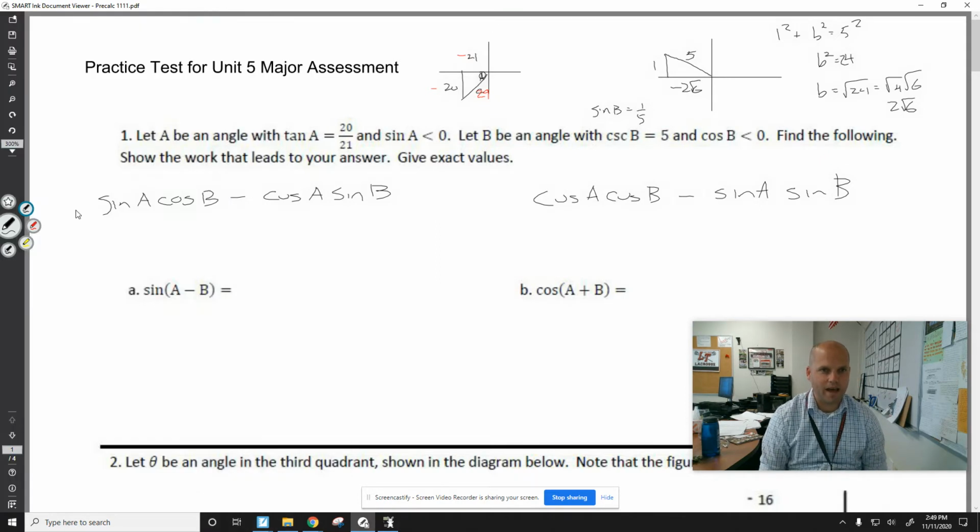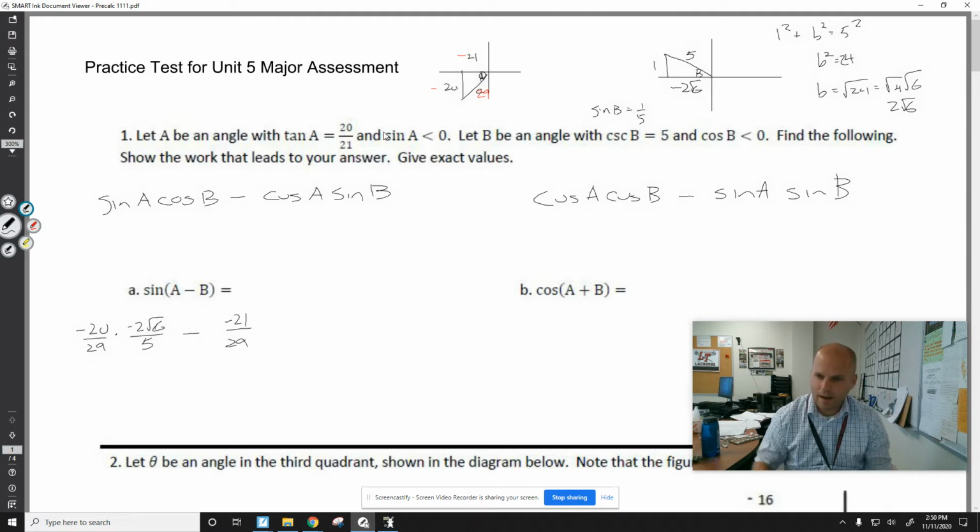From that, you can write sine of A, and this is angle B. Sine of A, opposite over hypotenuse, negative 20 over 29. Cosine of B, negative 2 root 6 over 5. Minus cosine A, negative 21 over 29.